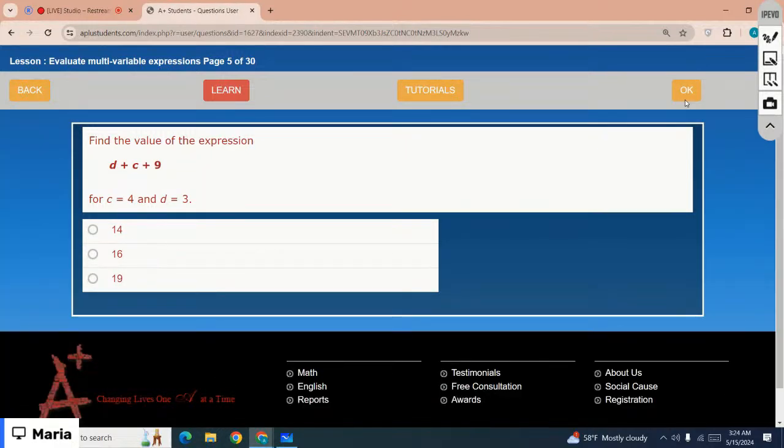Okay, find the value of the expression d plus c plus 9. So which is the correct option? Yes, that is 16.